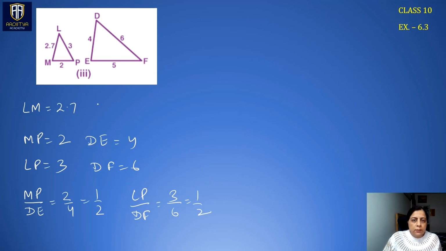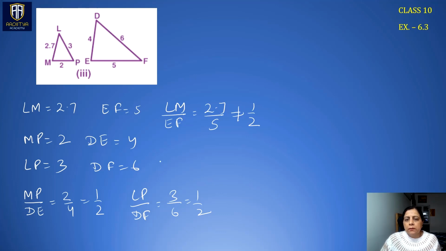But LM is 2.7 and EF is 5. So LM upon EF is 2.7 upon 5, which is not equal to 1 by 2. So though these two ratios are equal, the third one is not equal, and neither are we given any angle corresponding to these two equal ratios.